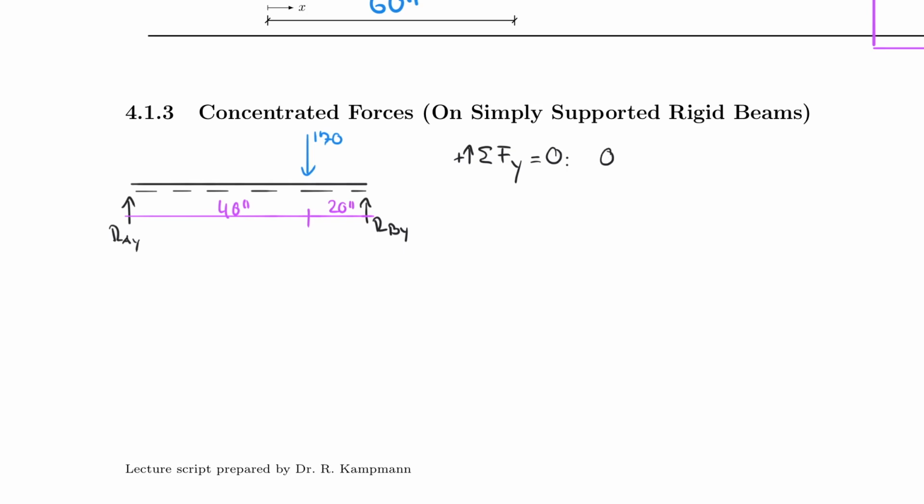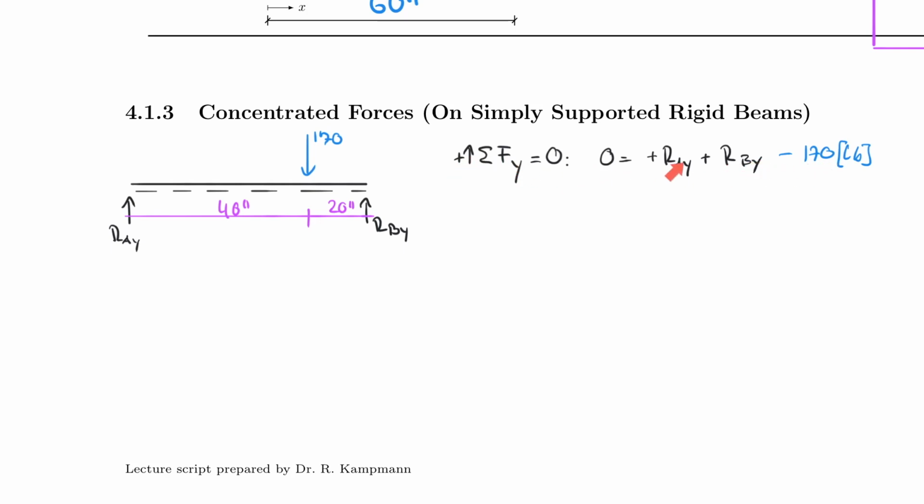So therefore 0 would be equal to plus RAY plus RBY. And by the way, I always start my equations with my unknowns, and here I have two unknowns, and then minus 170 pounds.